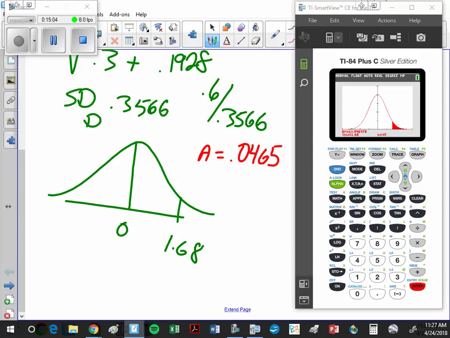So the null does not always match up with the question. The null is always equal and the alternative is not equal. So the question and the null don't have to be stated in the same thing. So here we get a p-value of 0.046, which is less than 0.05.